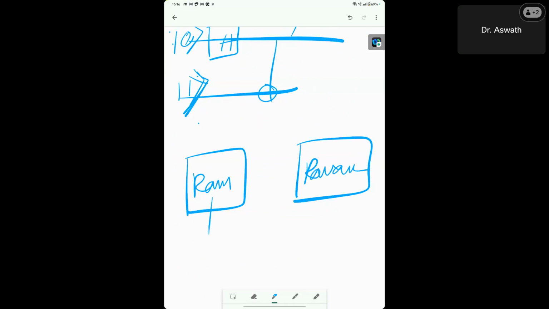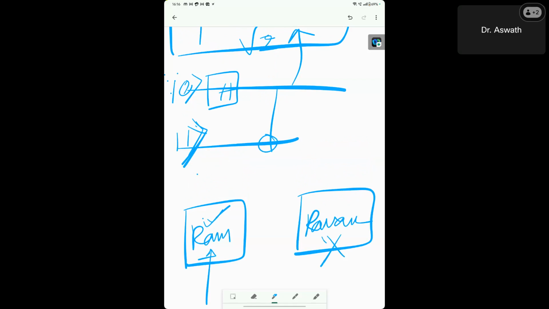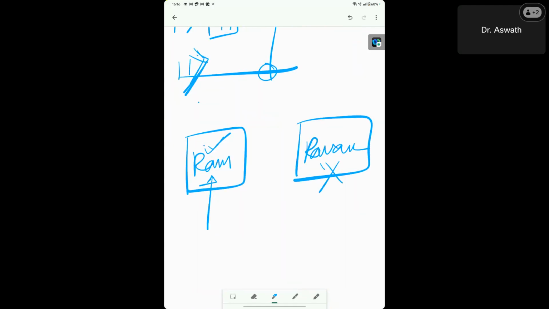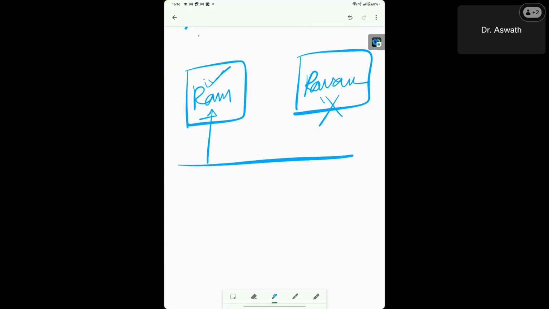When I share some good news with Ram, Ram feels happy, but Ravan feels the other way around, he feels bad because his state is falling into 1, not into the same state. So that is another kind of entanglement system. There are various entangled states possible.